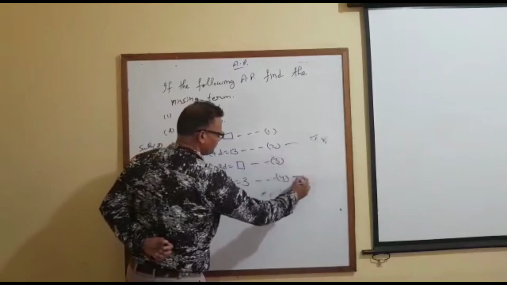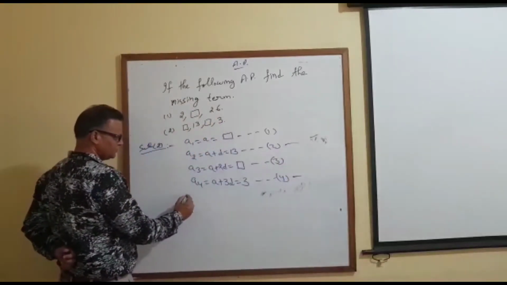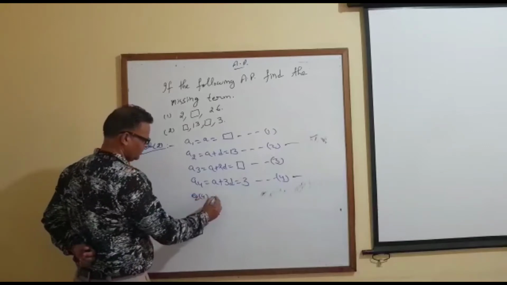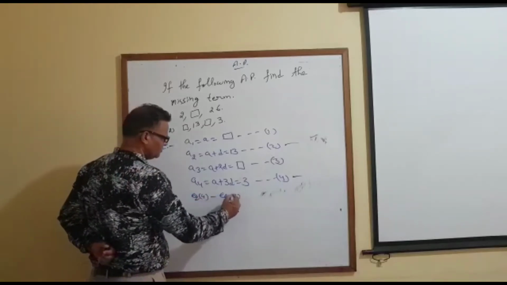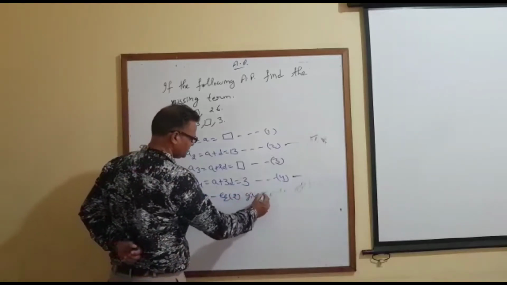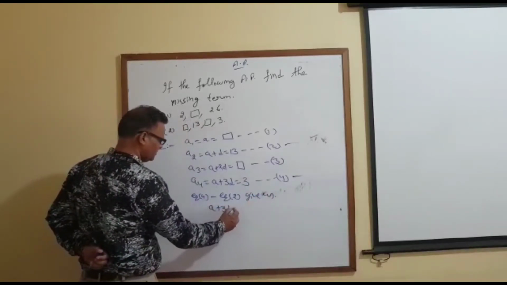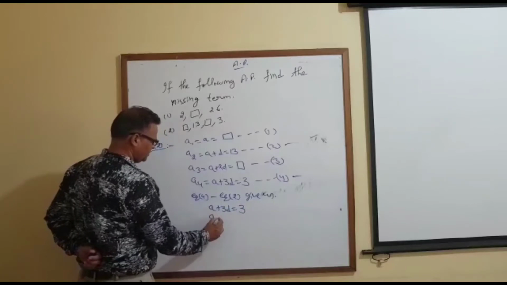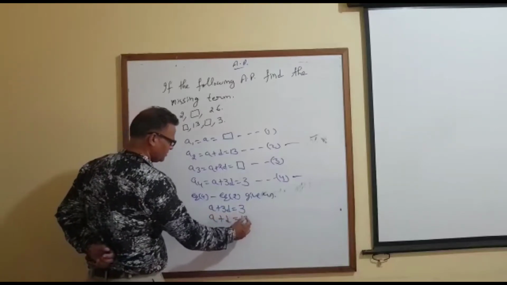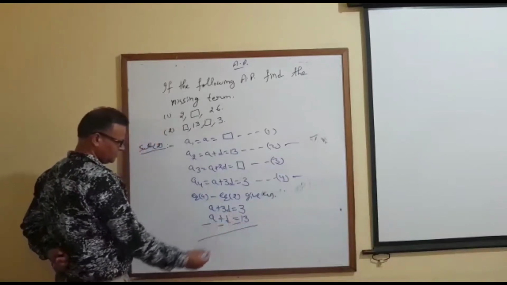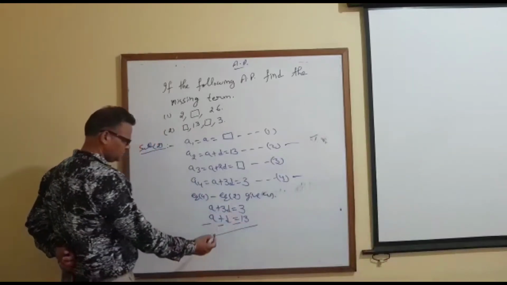Right here, equation 4 minus equation 2 gives us A plus 3D is equal to 3, A plus D is equal to 13. So we have to subtract it, sign change.